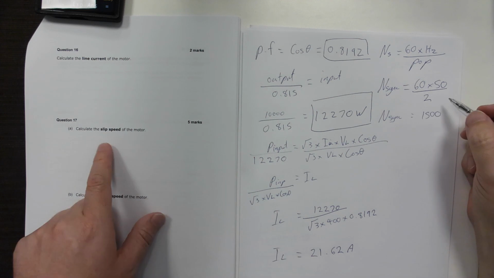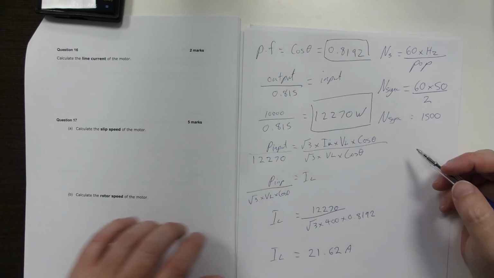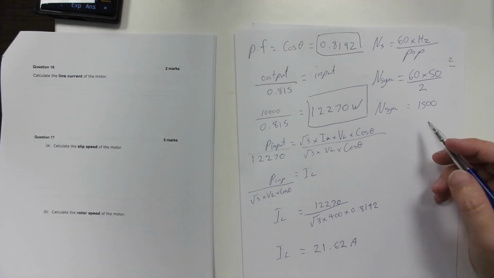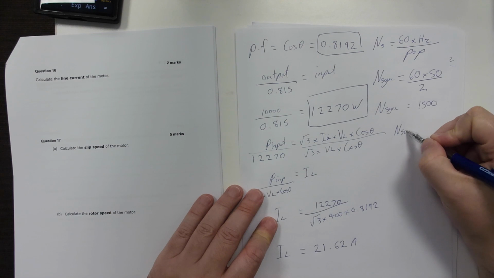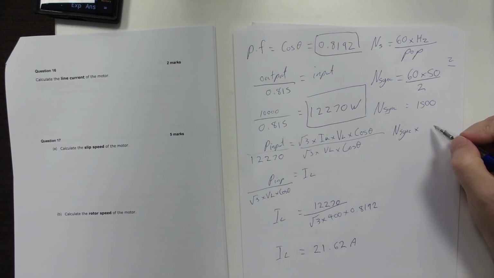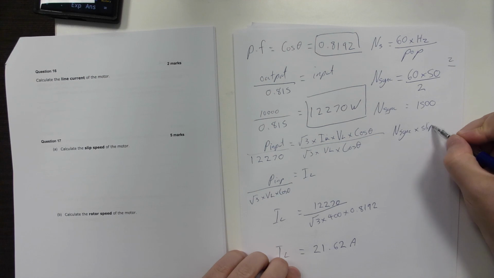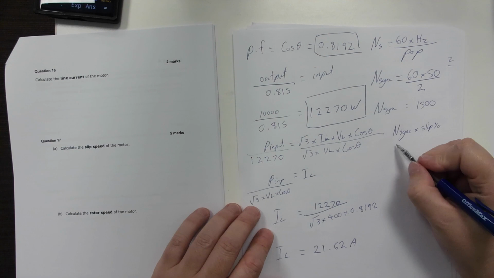And then we've got calculate the slip speed of the motor. So this is the synchronous speed. We want to know how much it's going slower than that. And they told us we're slipping by 4%. So we just get our N synchronous times our slip percentage to get our slip speed.